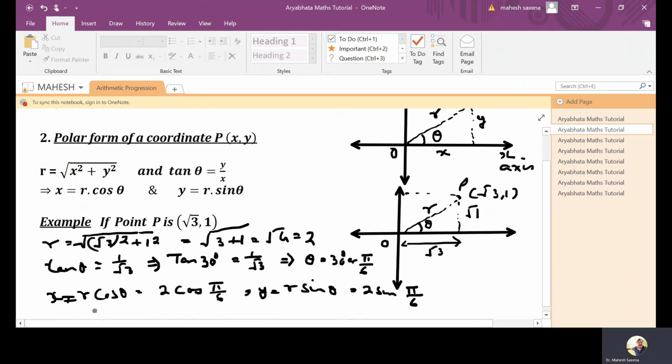Therefore, its polar coordinate will be 2 cos pi by 6 comma 2 sin pi by 6.